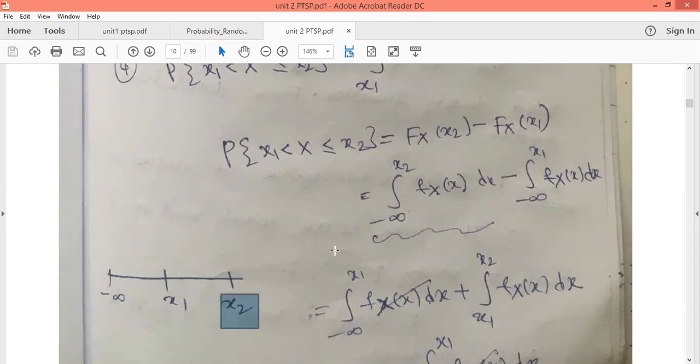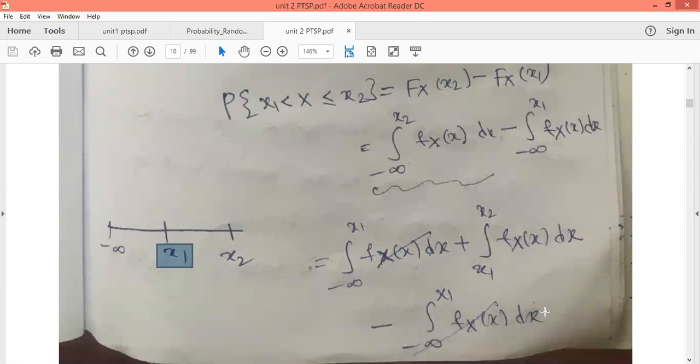So that is why we divide the integral from minus infinity to x2 into two parts, that is the integral from minus infinity to x1 and from x1 to x2. So the integral from minus infinity to x2 will be divided as the integral from minus infinity to x1 of fX(x) dx plus the integral from x1 to x2 of fX(x) dx, minus the integral from minus infinity to x1 of fX(x) dx.